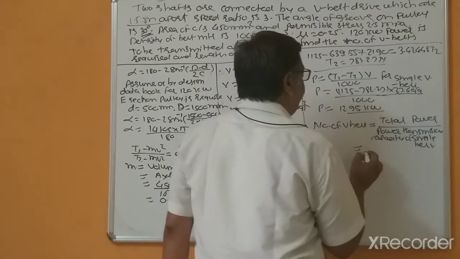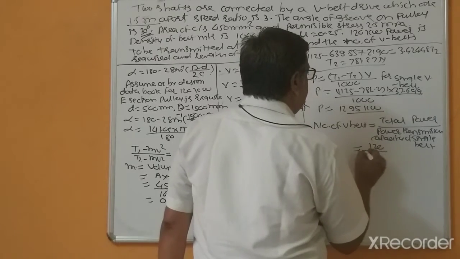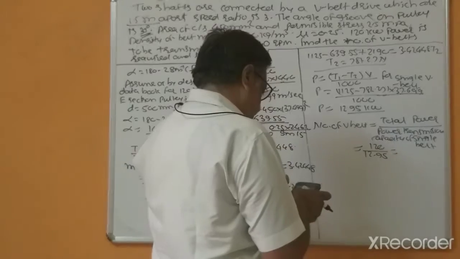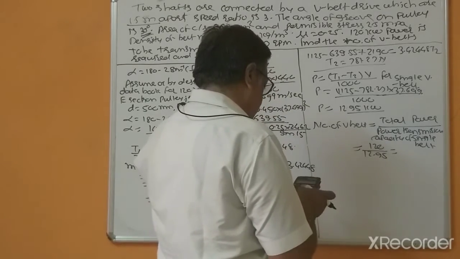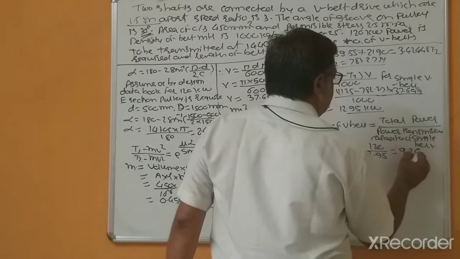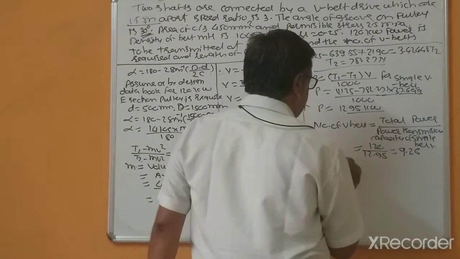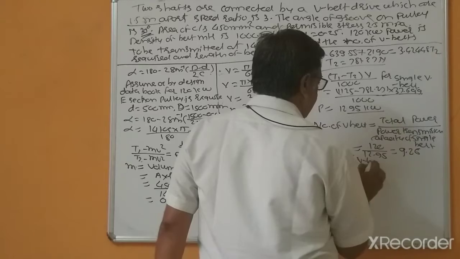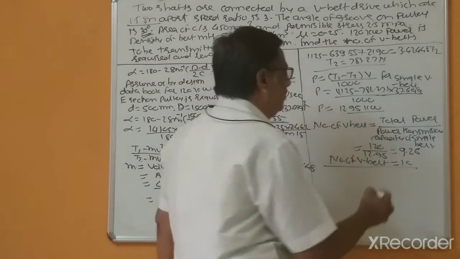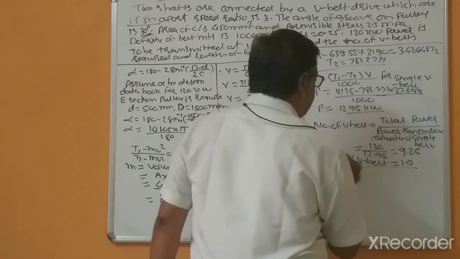So this is 120 divided by 12.95. This is 9.26. Means number of V belts equal to 10. This is your required answer.